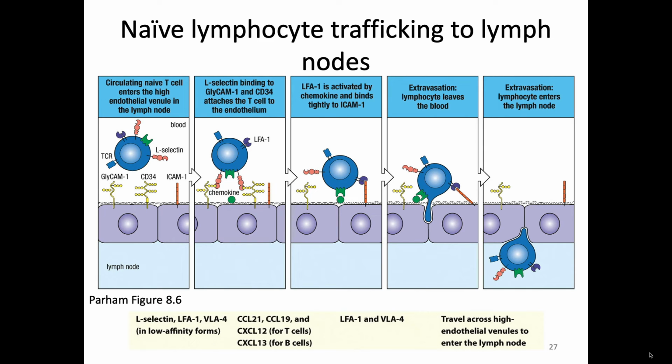The lymph node is always making CCL19 and 21 because it's always like, naive T cells, come here. And then you can see that we have LFA-1 again as our integrin binding to ICAM-1.